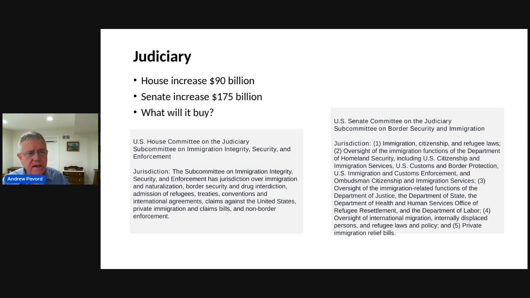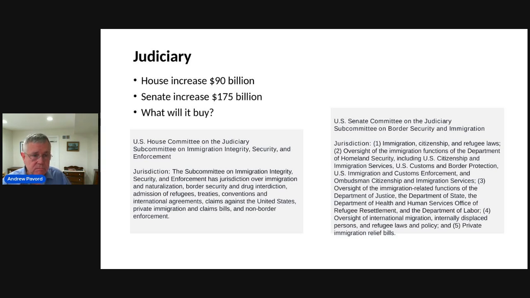There's also kind of overlapping, and I put the jurisdictions here because it's not completely clear the difference between what the two committees do, but the Judiciary Committee is slated to get a $90 billion increase from the House, and the Senate wants to give them $175 billion. Again, this is things like immigration integrity and border security, drug interdiction, and things around the border.